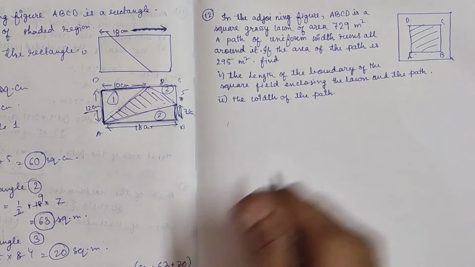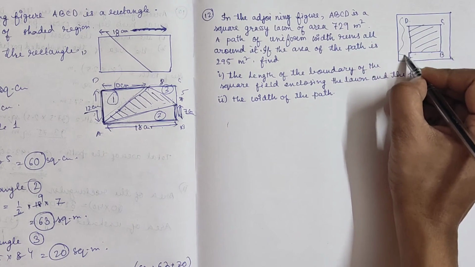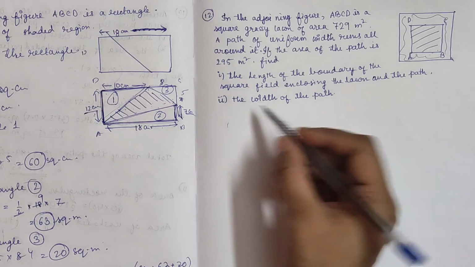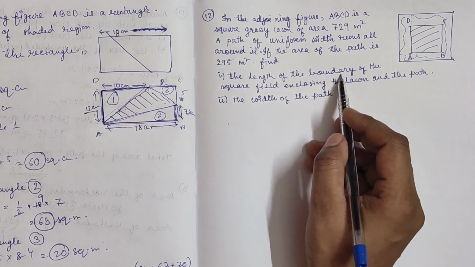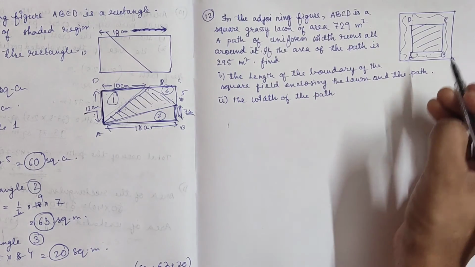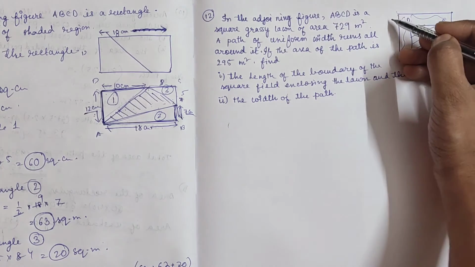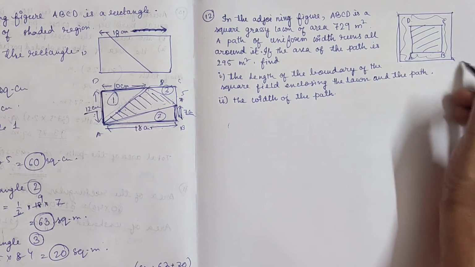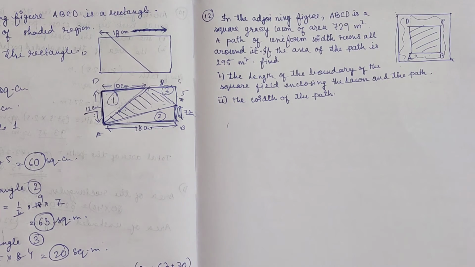The area of the path is also given, 295. Then we have to find out the length of the boundary of the square field enclosing the lawn and the path.